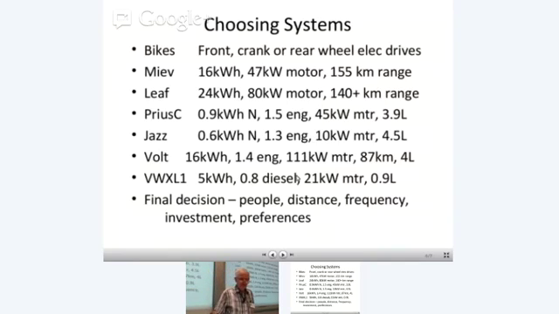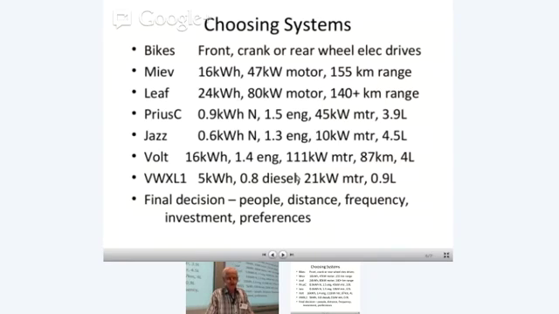Now we've also got some of the pure electric cars. So we've got a MiEV out there, and we've got a Leaf. Just as well I picked up their data, wasn't it? Interesting thing about those ones, to summarise it: the MiEV, the little Mitsubishi one, its battery has a capacity of 16 kilowatt hours. It has a 47 kilowatt electric motor in it, and something claimed up to 155 kilometre range.